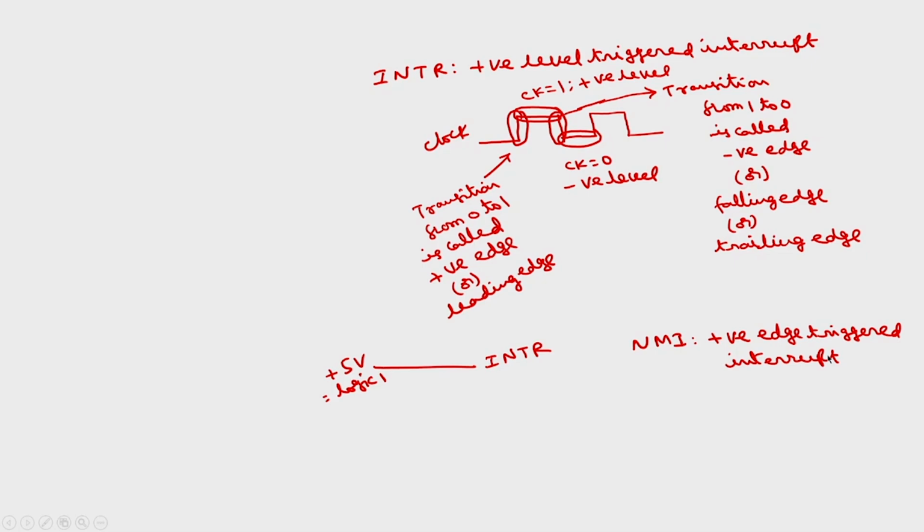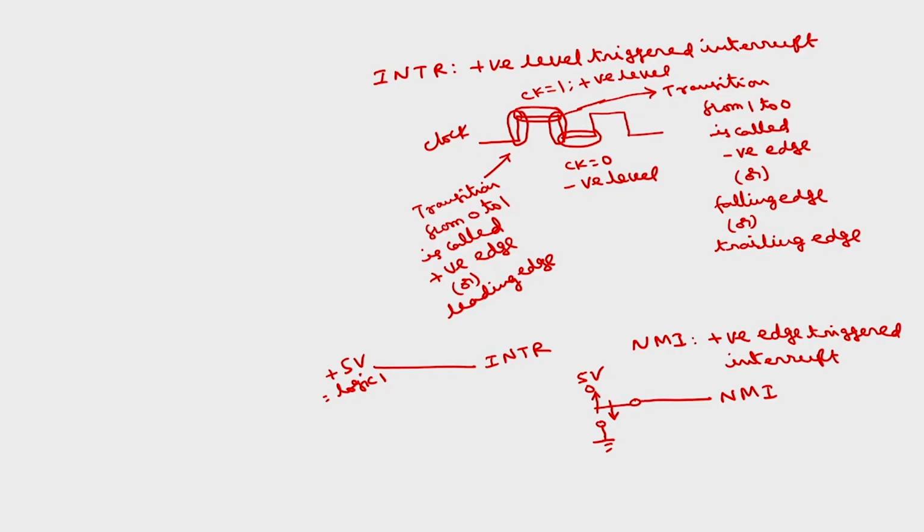That is, if you want to enable this NMI, you have to give a transition from 0 to 1. If this is the NMI signal, this is my ground, this is my 5 volts line, first you connect it to 0, then you connect it to 5 volts, then only this NMI will be enabled.